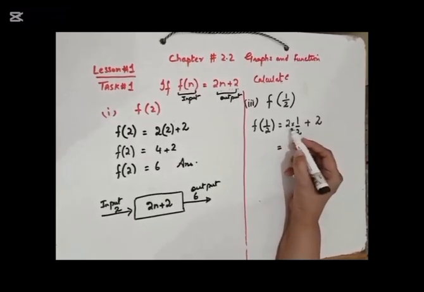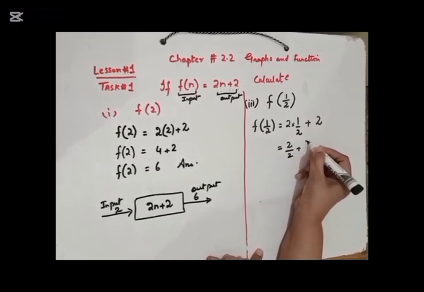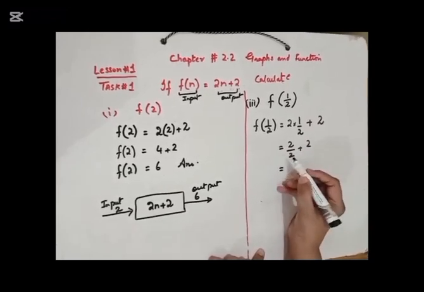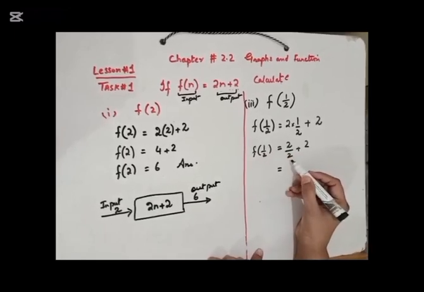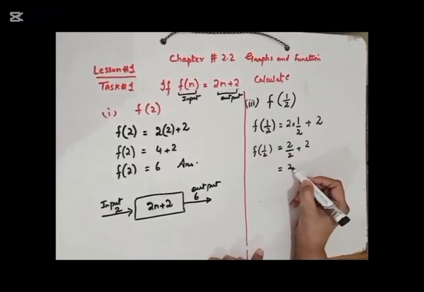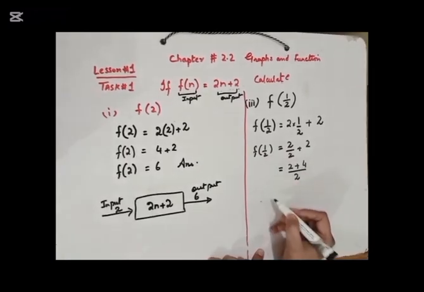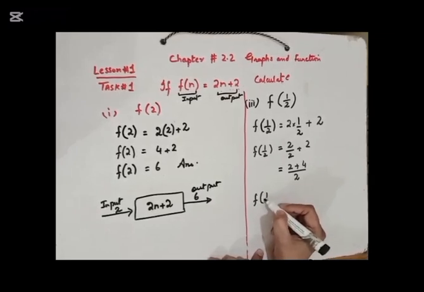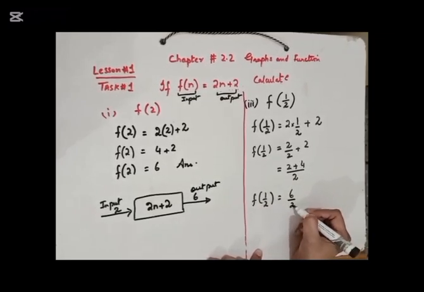So it becomes 2 ones are 2 upon 2, plus 2. Take an LCM. So 2 plus 4 upon 2. Then we have f of 1 upon 2 is equal to 6 upon 2.